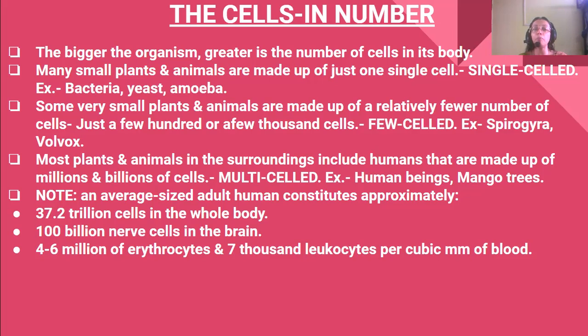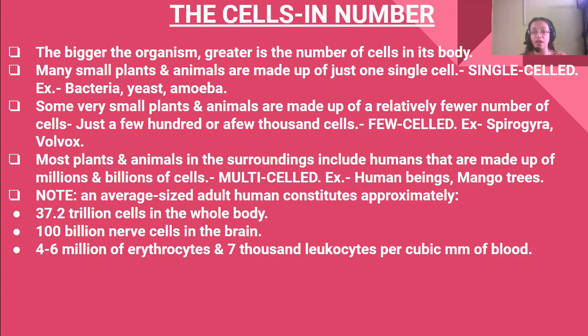Many small plants and animals are made up of just one single cell, like bacteria, yeast, amoeba. These are all single-celled, unicellular. Some very small plants and animals are made up of relatively few cells, just a few hundred or a few thousand cells.